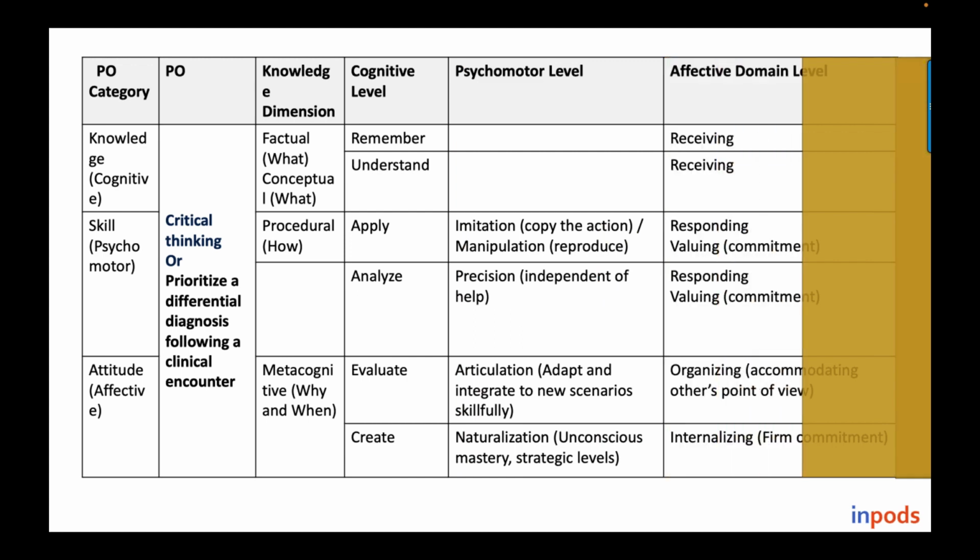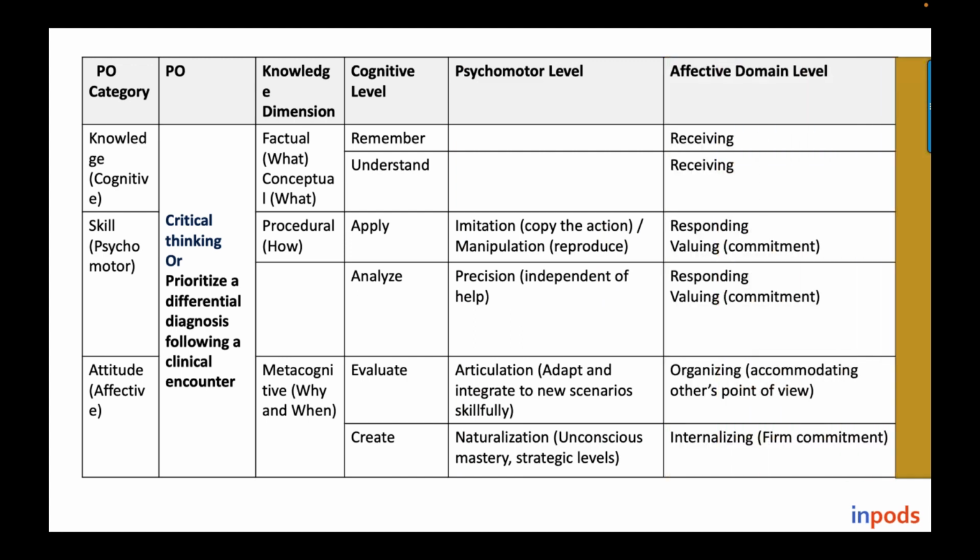The next part of the decision making is about affective domain level. So where do I want the students? Okay, fine. I want them to be at analyze level, and precision is the level of the competency I want them to reach. But what is the relative affective domain level that they have to achieve?